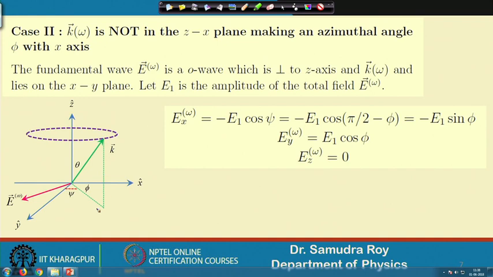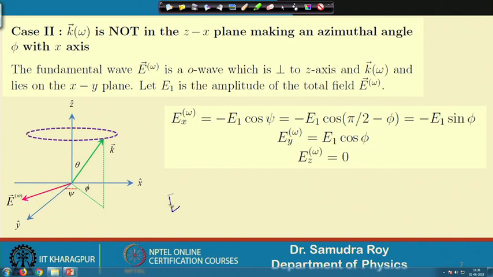In this figure we can see that k, which was initially in the y direction, is now going to shift to an angle, and this angle is the angle phi, because I am rotating k by phi angle, this is the azimuthal angle, and as a result k will change, E will change.